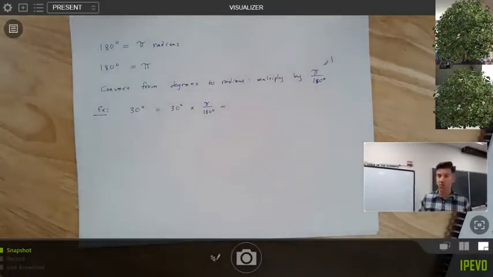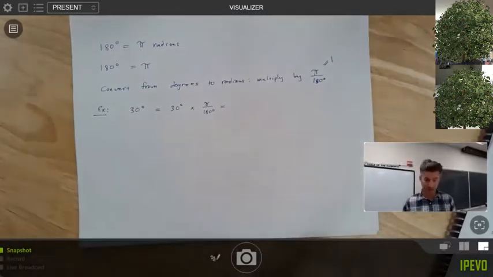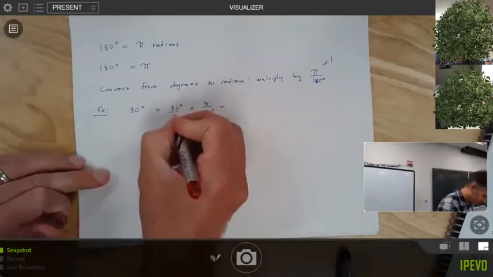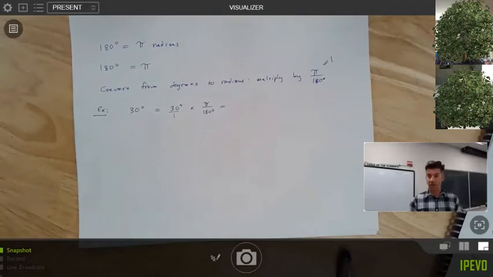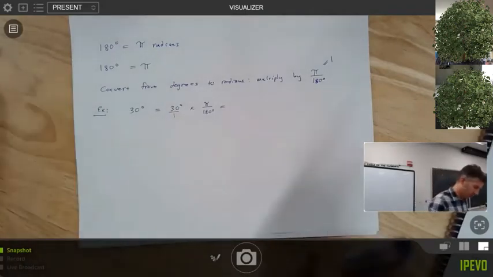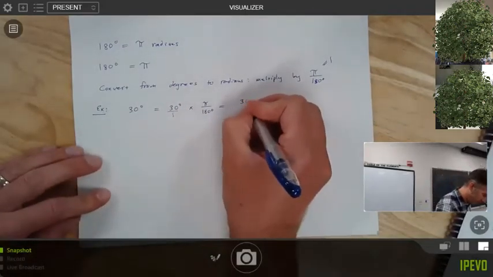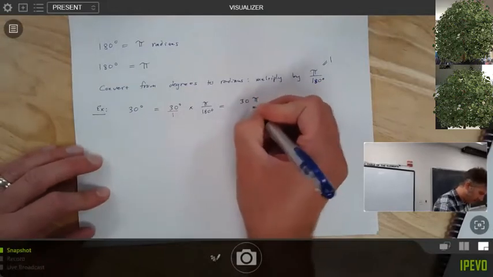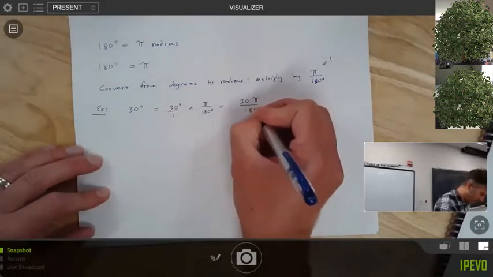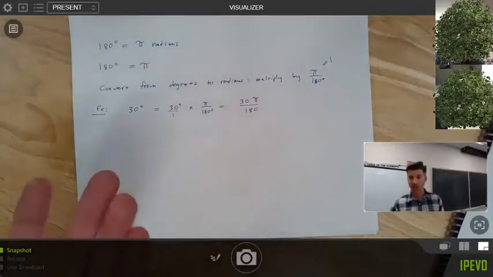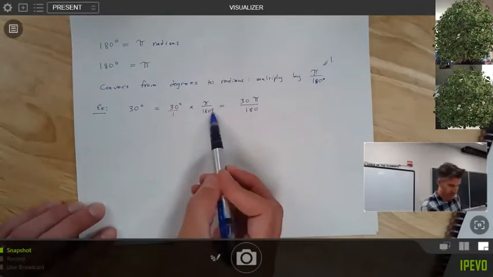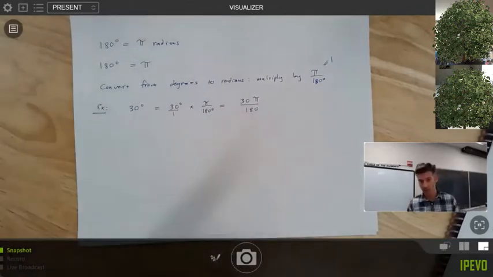I'm probably going to show too many steps here just so you can see everything. Some people might say, oh, that's 30 over 1, just to make it easier to do the fraction multiplication. And then when you multiply fractions, it's top times top, bottom times bottom. So notice I'm going to write 30 pi over 180. And in that step, I already canceled out the degree symbols. That degree symbol there and that degree symbol there are going to cancel out and go away.